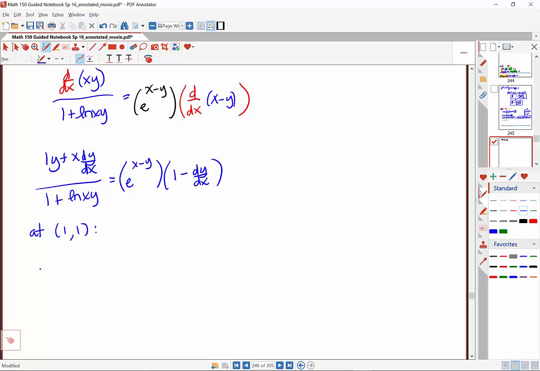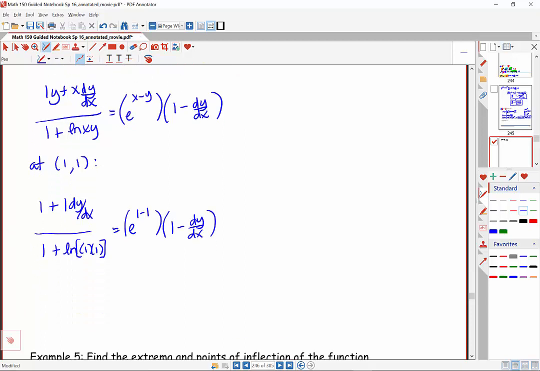So we'll have 1 plus 1 times dy dx over 1 plus natural log at 1 times 1 equals e raised to the 1 minus 1 times 1 minus dy dx.